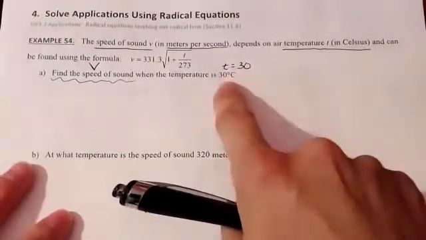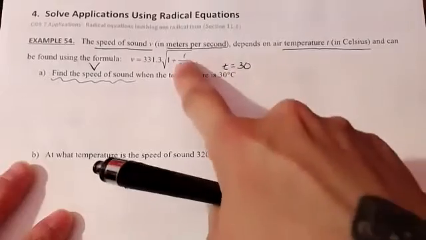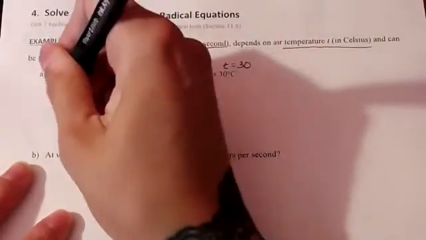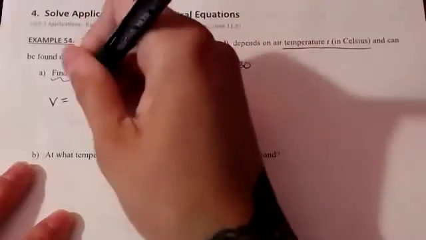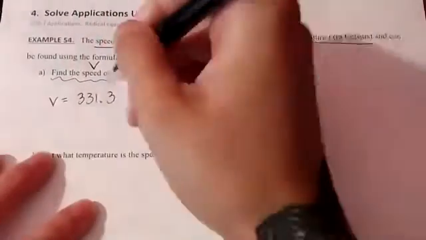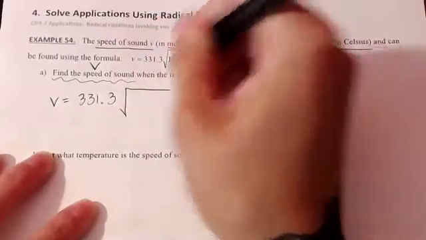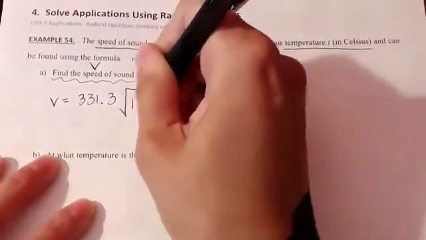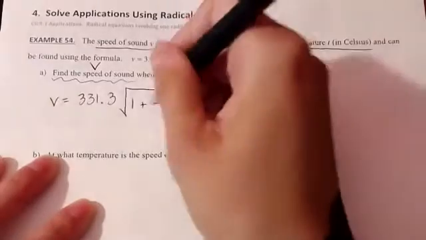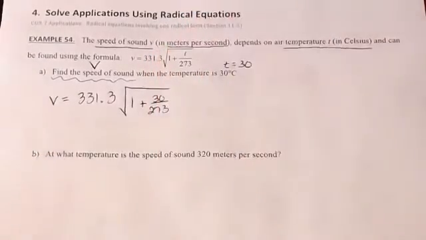Because we're given that T is 30, it only makes sense to substitute T with 30. So let's plug it in. So V is equal to, the other thing that could happen is you may accidentally write the problem down incorrectly. So just take your time, make sure you're doing this step by step. So 30 over 273. So that's essentially what we have.